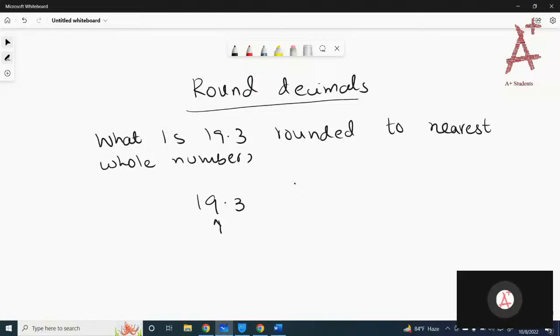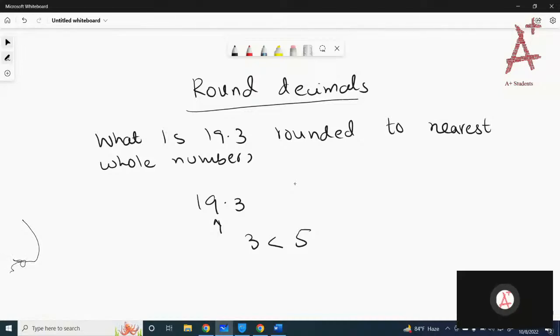Just look at the digit on the right hand side of the number. On the right hand side, you have 3. You need to compare this digit to 5. So is 3 less than 5 or greater than 5? Very good. 3 is less than 5. So you will round down.